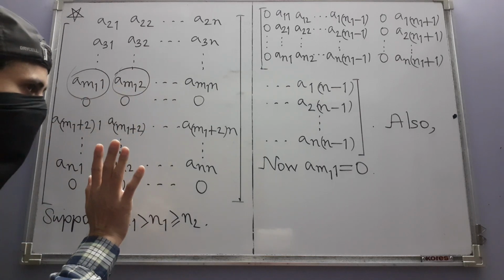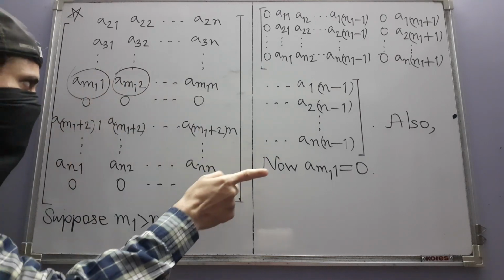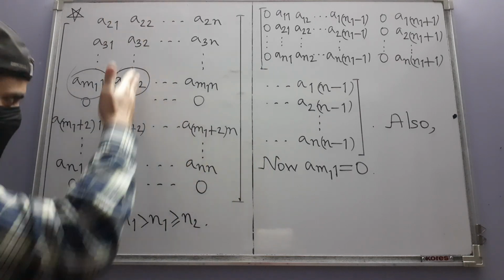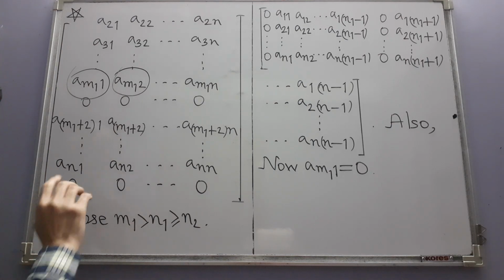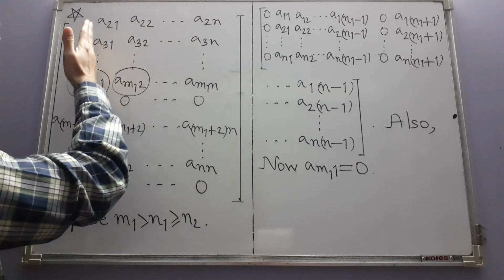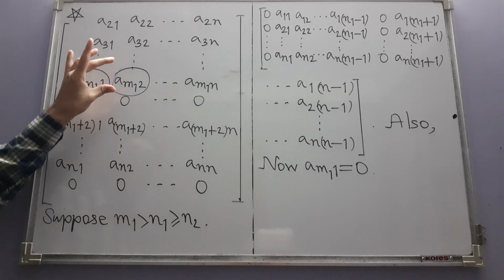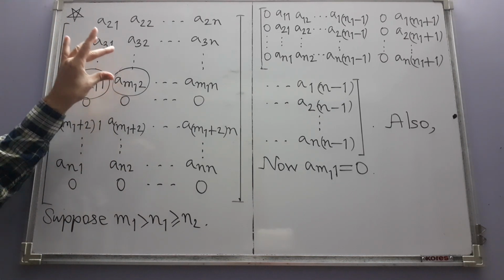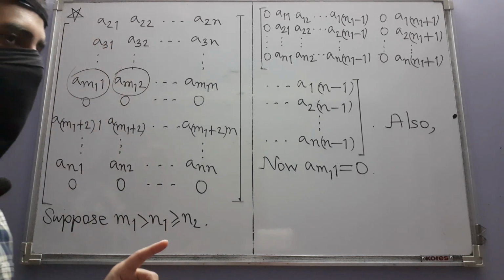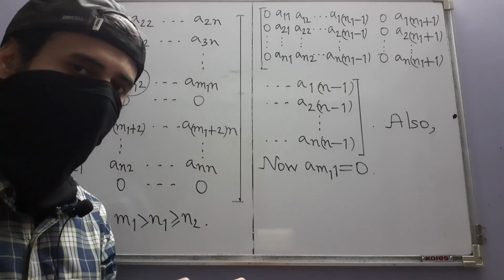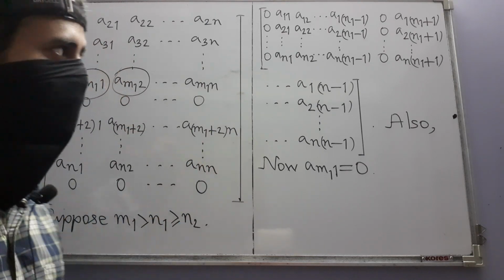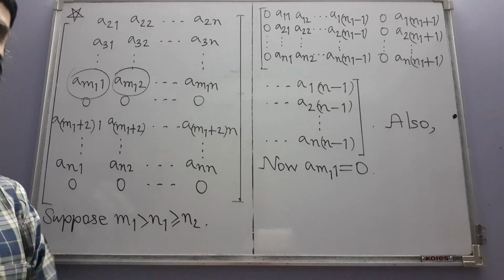This is not row m1, this is row m1 minus 1. Column, however, is in fact 2. So this is because you can see that that's 2. That means in this matrix, this is the element that corresponds to row m1 minus 1 and column 2. What is that corresponding element here?